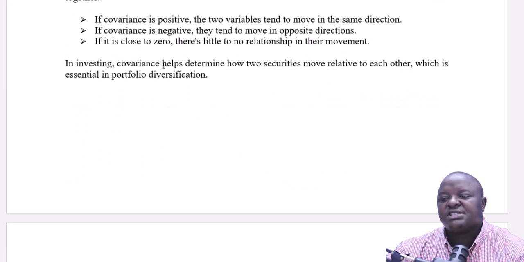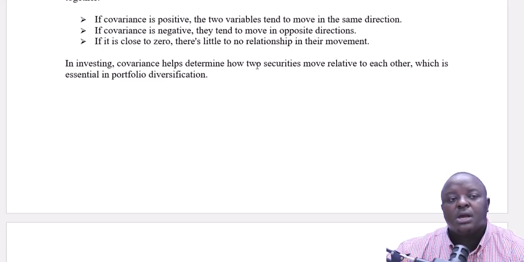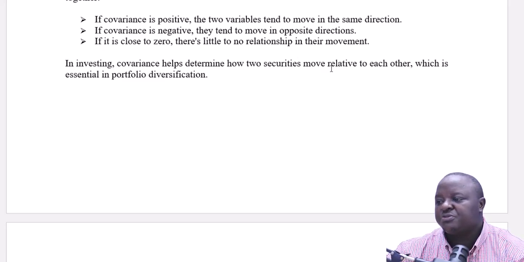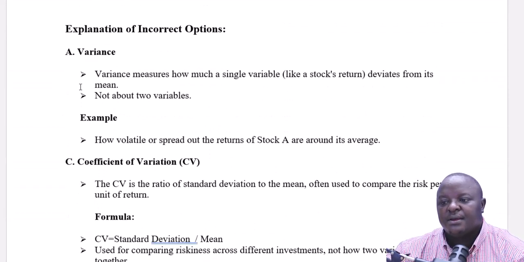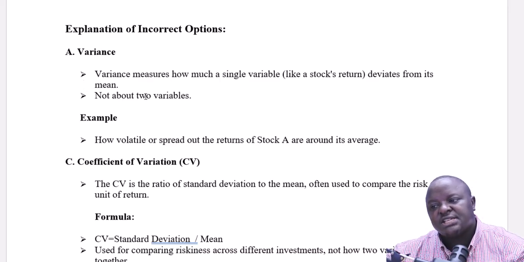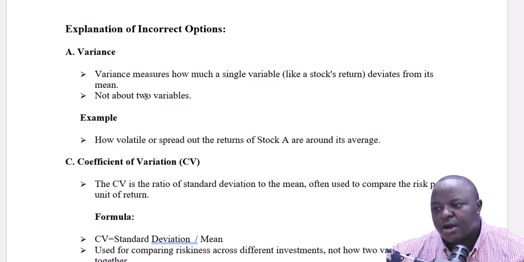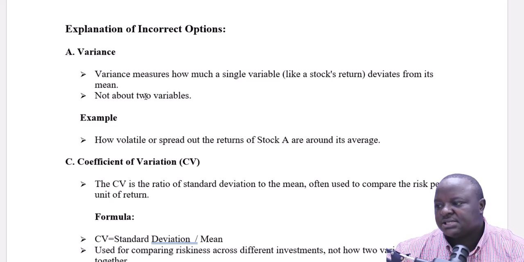So in investing, covariance helps determine how two securities move relative to each other, which is essential in portfolio diversification. But variance measures how much a single variable, like a stock return, diverges from its mean, not about two variables.